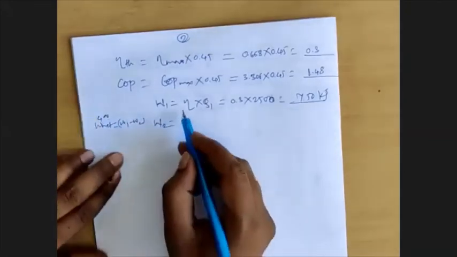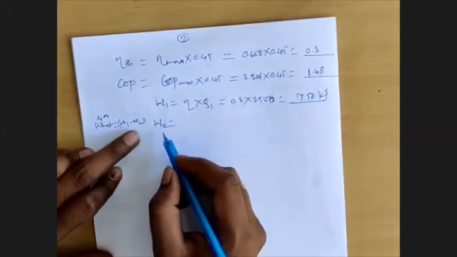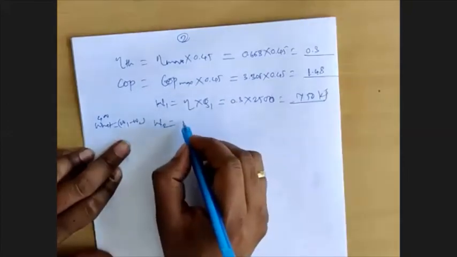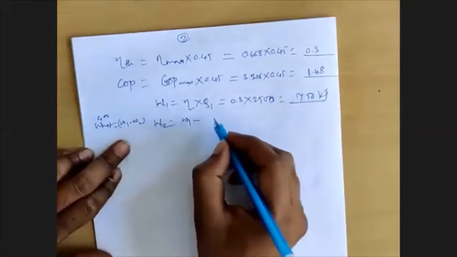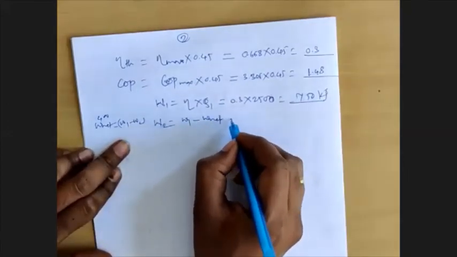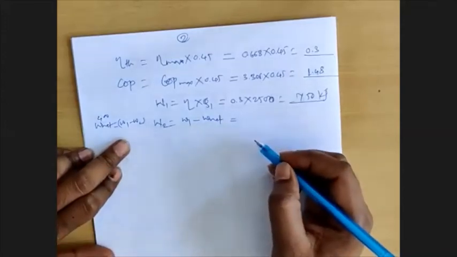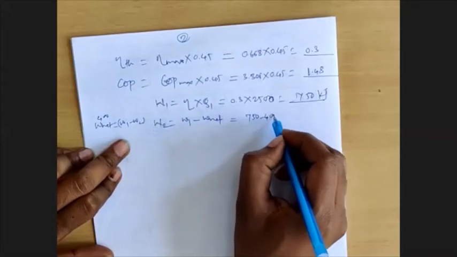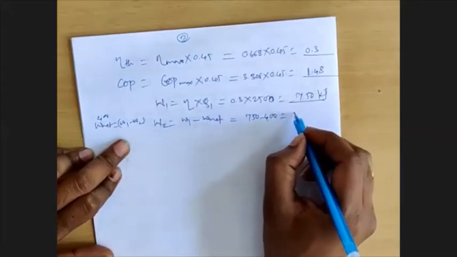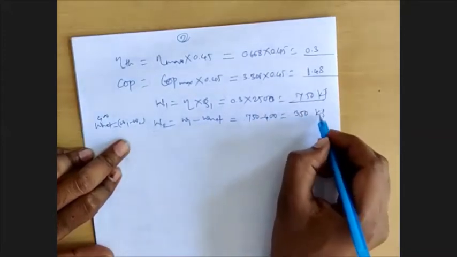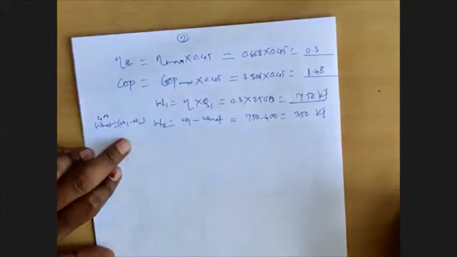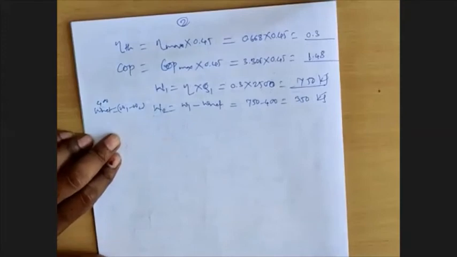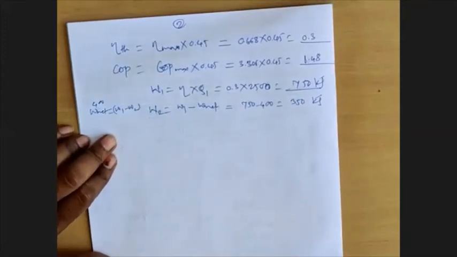We have calculated W1, so W2 is equal to W1 minus W net, which is 750 minus 400, equal to 350 kilojoules, right? Anybody got any query?